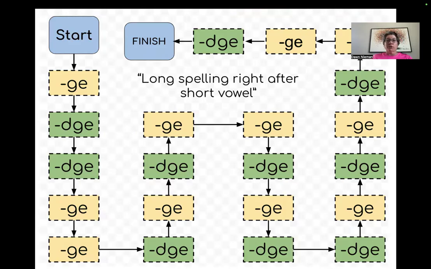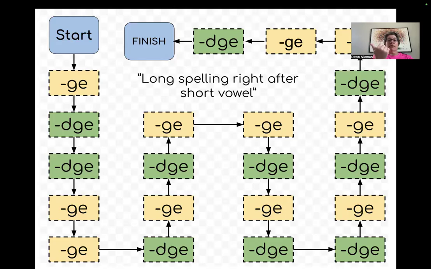So if it is your turn, I'm going to pick a card, I'm going to read it to you, and I say the word is smudge. You might have to go s, m, j. Is a short vowel. I hear a j right after it. It's DGE, correct. You move on to the DGE. Then you pick a card and you read it to me and you say large.